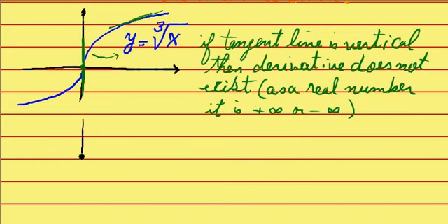A somewhat similar situation happens if you have a picture like this. So again, tangent line is very well defined at every point. There's no problem with figuring out the tangent line.